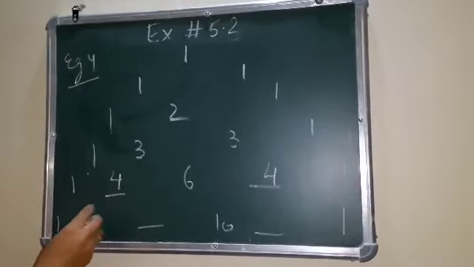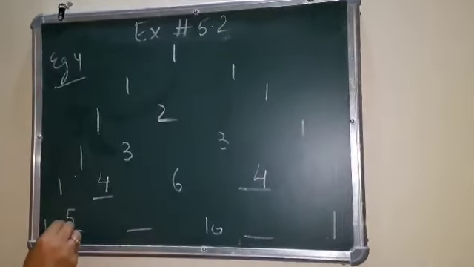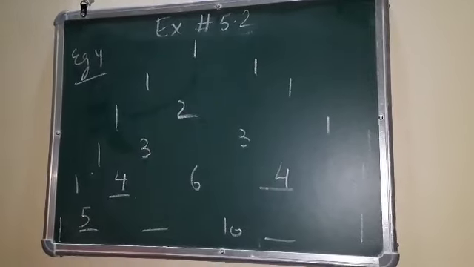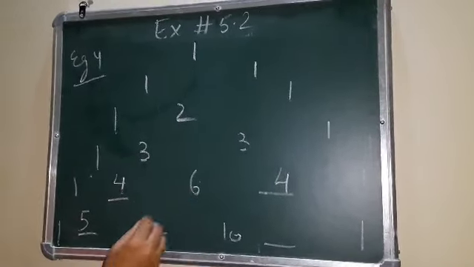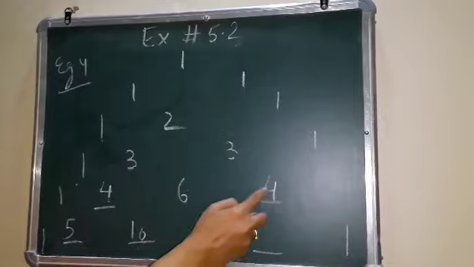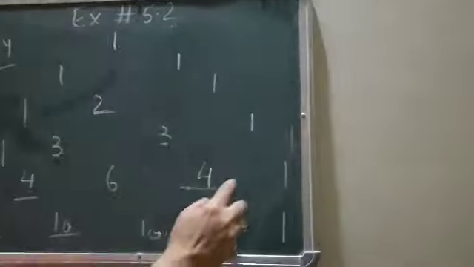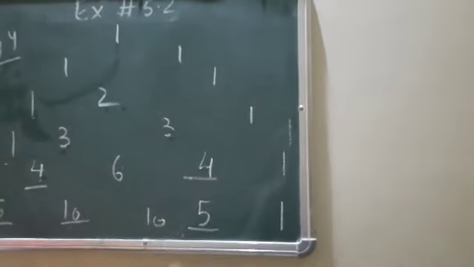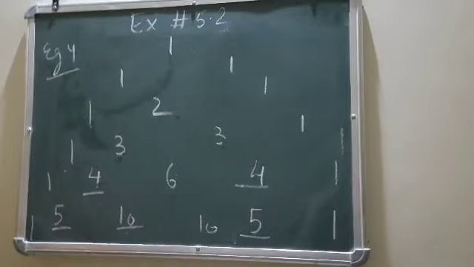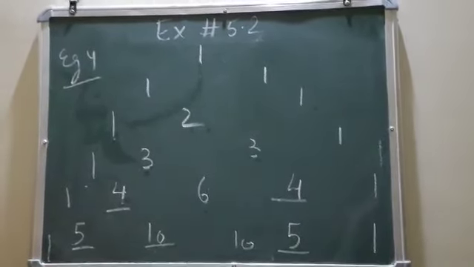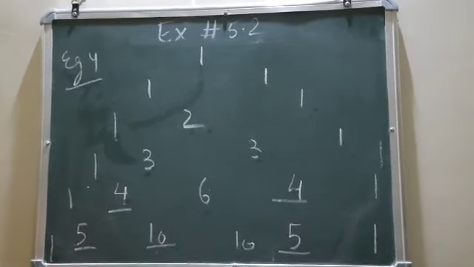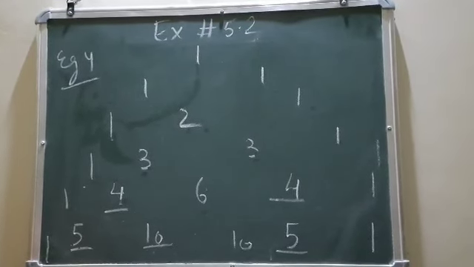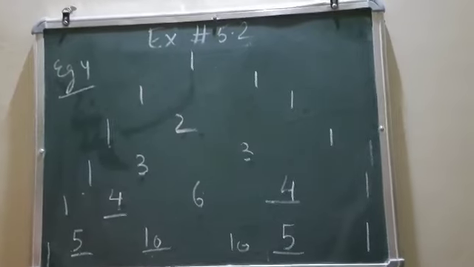Then look here, 1 plus 4 is 5. 4 plus 6 is 10. 6 plus 4 is 10. And then 4 plus 1 will be 5. So this is how you have to see Pascal's triangle. So there can be multiplication also, there can be addition also. So you have to see it properly and then you have to put the values, right?